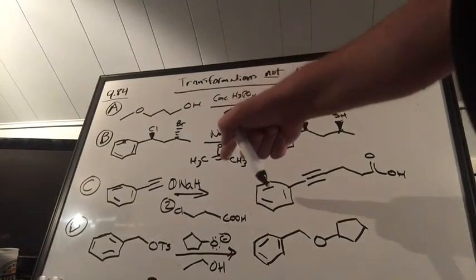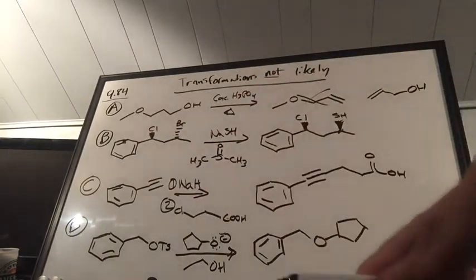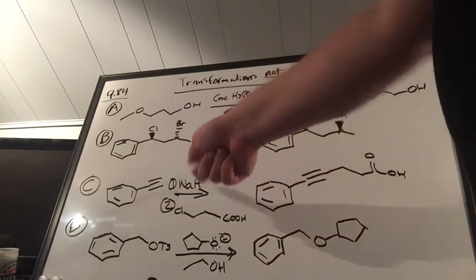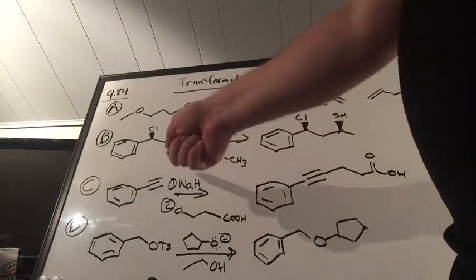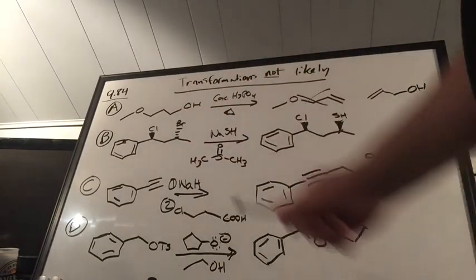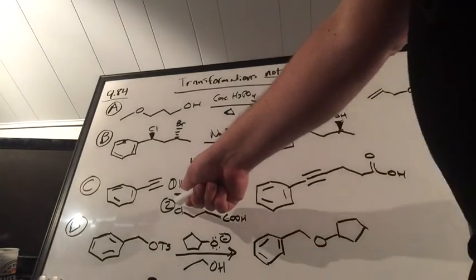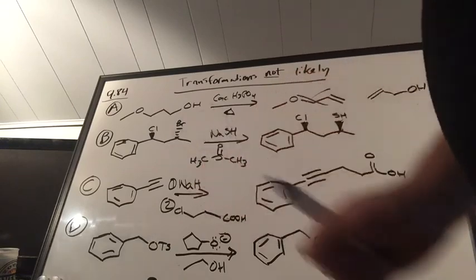Okay, for part C, we have an alkyne, so that means it has not exactly a protic hydrogen, but we have a strong base right there with NaH, so H minus is going to strip off that terminal hydrogen irreversibly. And then in the second step, we're going to introduce this electrophile.